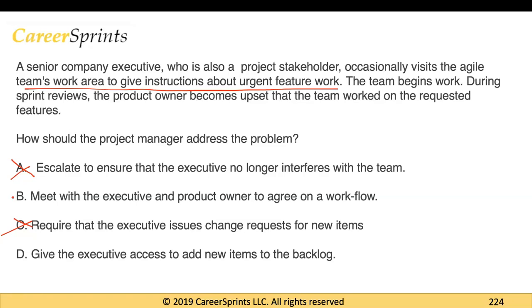Again, this would not be the right option because a stakeholder should always go through the product owner before any inclusions are made in the product backlog. So this would be the incorrect answer. So this looks like the most viable option: meet with the executive and the product owner to agree on a workflow, because that's the way you work in an agile team.